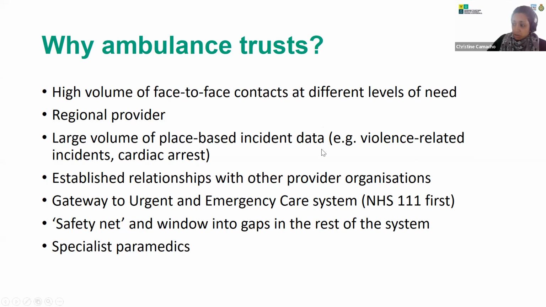And when you start to talk to other public health people in the system, they're astounded and excited by all of this data that we have in ambulance trusts and the potential for understanding more about the health of the population. We have lots of established relationships with other providers, and we really act as a safety net to the rest of the system, so we're really good at showing where those gaps are, be that around end of life care or particular groups of people. Okay, if you could move on, please, that'd be great.